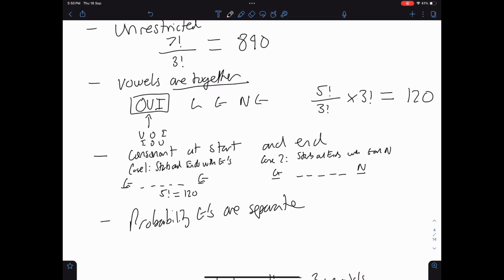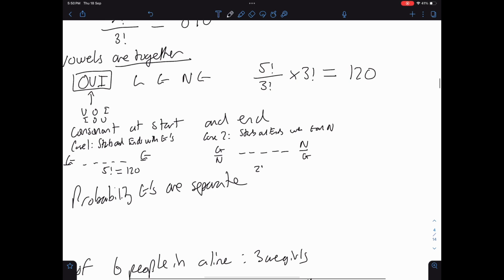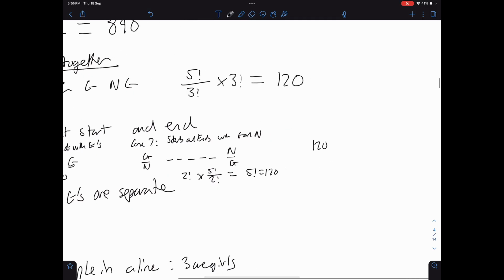So it could be GN or NG. So that's 2 factorial. And then we multiply it by 5 factorial for the middle, but then we have to divide it by 2 factorial to factor in the repeated G's. So that's 120. Then the total would be 120 plus 120, which is 240.